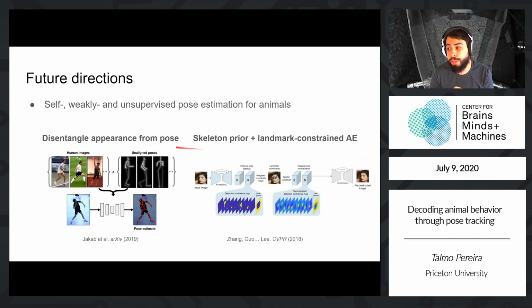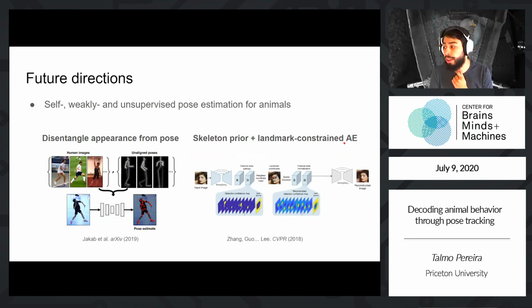There are advances in computer vision that enable unpaired pose estimation, where you just have a set of poses, perhaps derived from a different data set, along with images from your data set, and train a network that learns to disentangle the two, such that you can produce pose estimation without doing any labeling at all, provided that you have some distribution of realistic poses for your particular kind of animal.